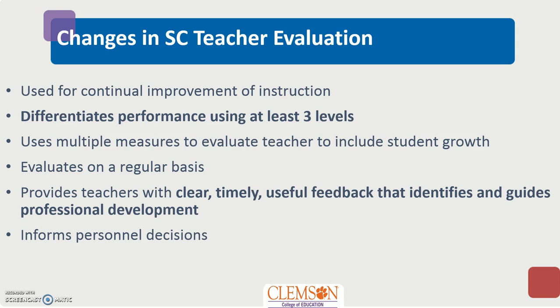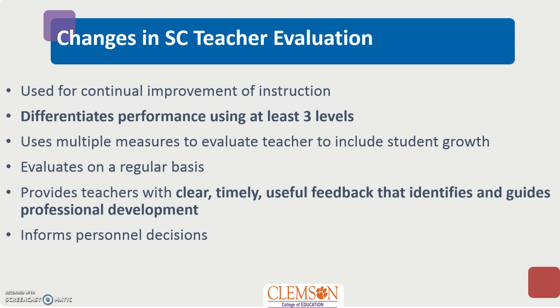The goal is really that the teacher evaluation process be used for continual improvement, that performance for teachers is differentiated using at least 3 levels, and you'll see on the rubric that I show you in a minute that performance is differentiated among 4 levels, and just that we use multiple measures to evaluate teacher growth, to include student growth, and that we are able to provide teachers with clear, timely, useful feedback.